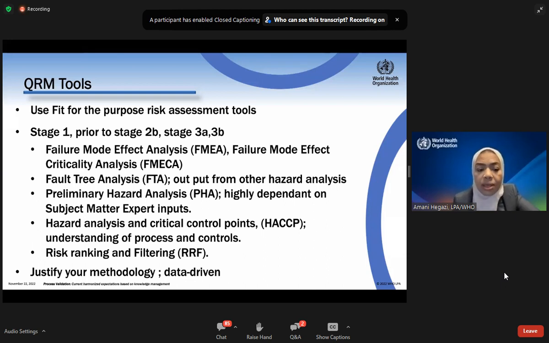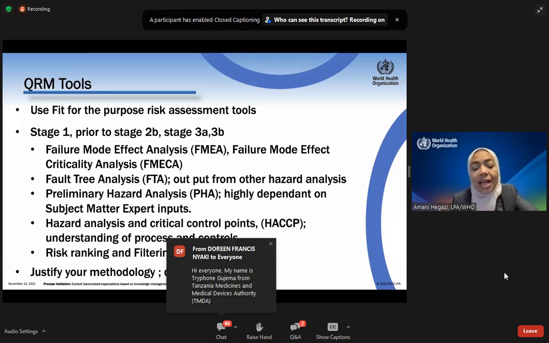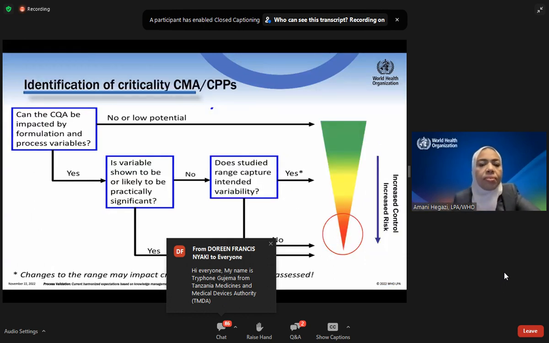Then there are hazard analysis and critical control points, and risk ranking and filtering, RRF, which is used for prioritizing the risks and deciding whether to accept them or not. So the key here is that you select the best tool for your process, for its level of complexity, for the level of variability, and justify your selection with data.